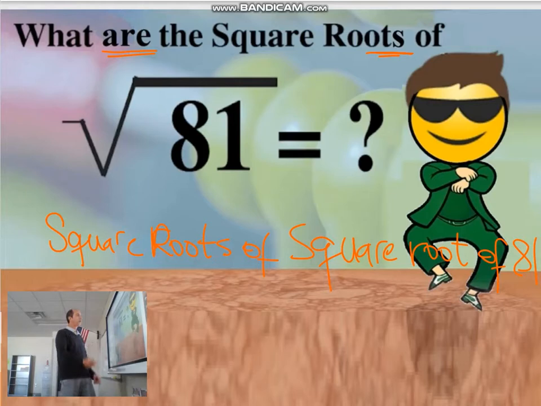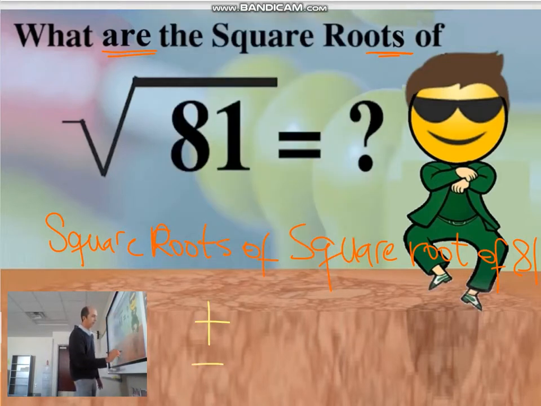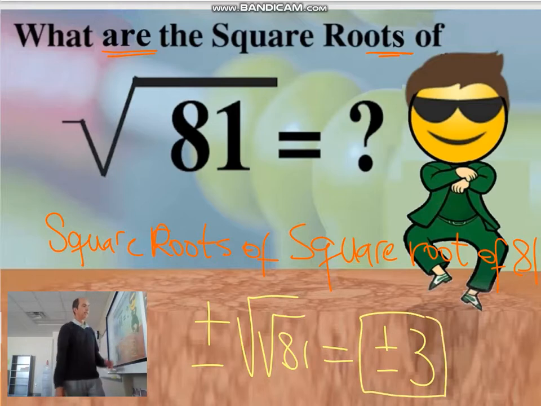This is the little trick you're going to have in this puzzle, because the answer is going to be the square root, positive or negative, of the square root of 81. And you will find this equals positive or negative 3. Those are the answers: negative 3 or positive 3.